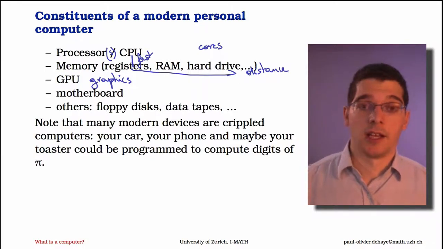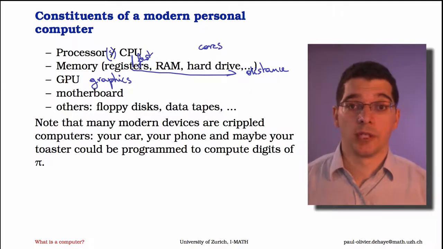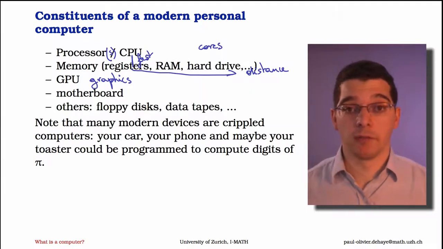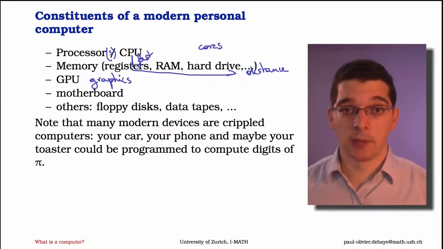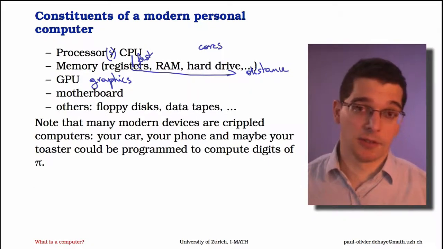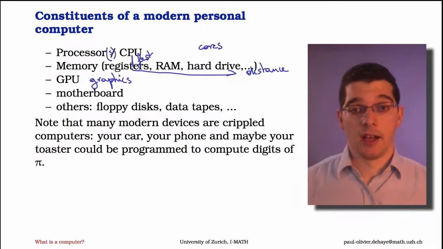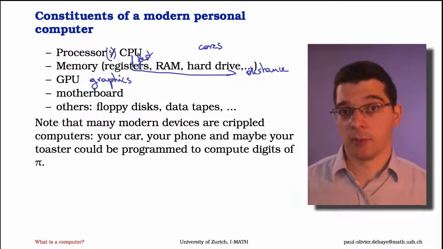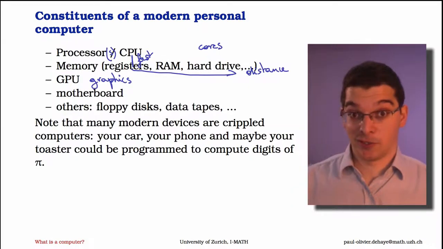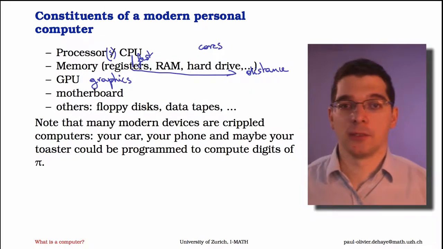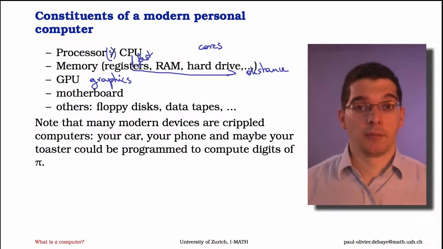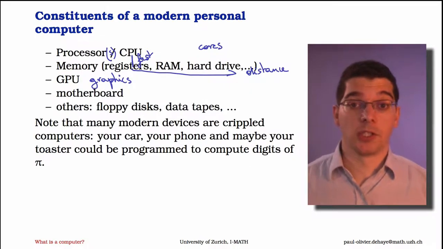Your phone has a computer in it that might be exploited when you're playing a video or doing different things, but most of the time just does the phone aspect. Your toaster even might have a computer in it. So just to summarize, with all those things, you could possibly program them to compute digits of pi.